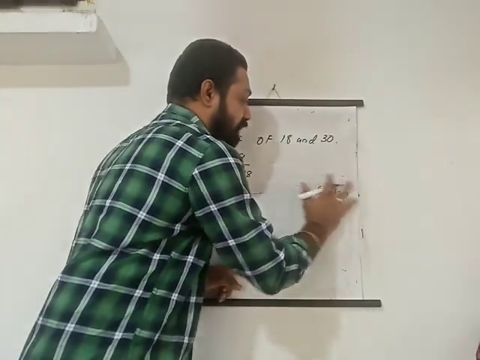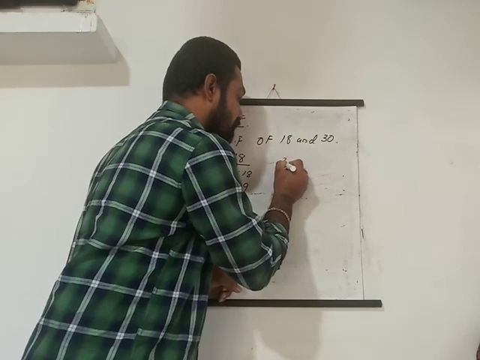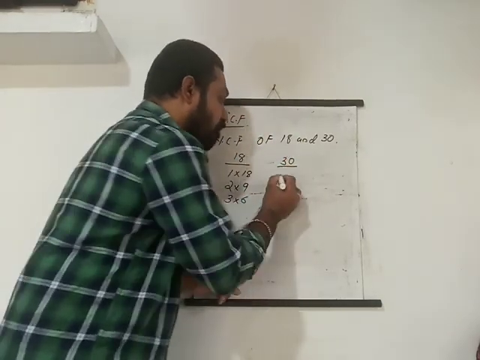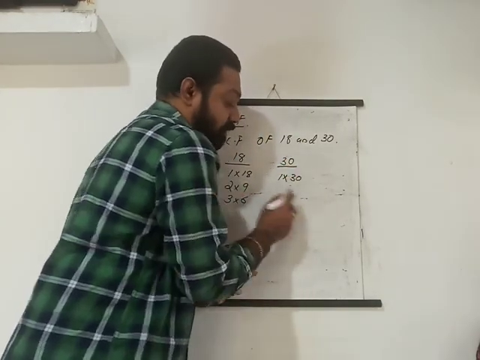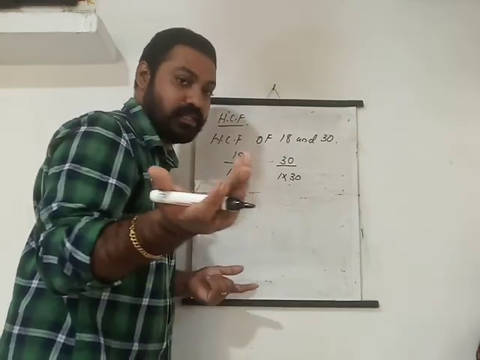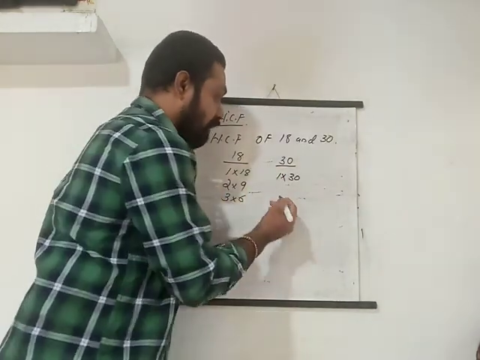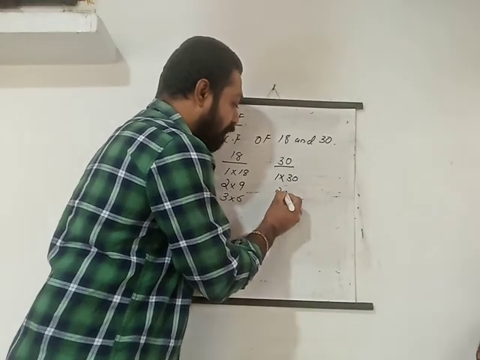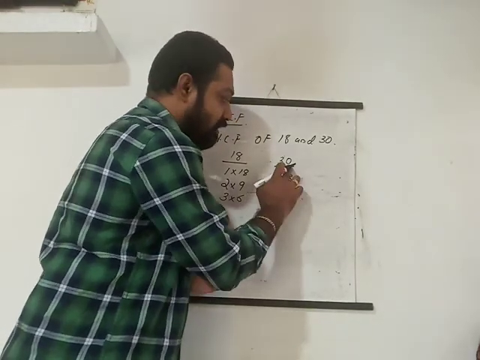Now it is 30. How can we write 30? 1 into 30. Every time, 1 into a number is that number itself. Then what about 2? 2 into how many times is 30? 30 is an even number.